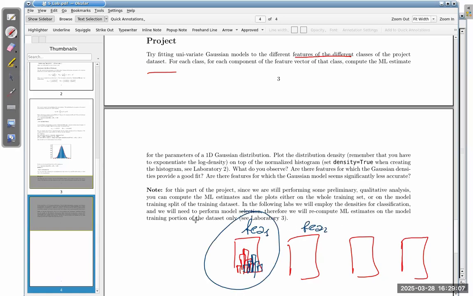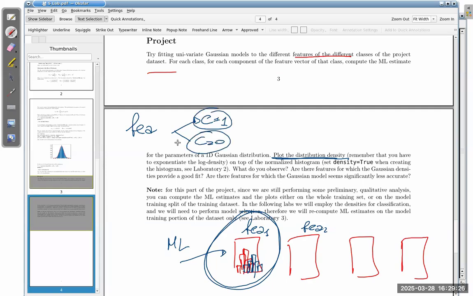Now we will do the same, but this time we will plot not just the histogram, but also the distribution density of a maximum likelihood model estimated for each feature. So for each feature, we will take class 1 and class 0, build the maximum likelihood one-dimensional Gaussian model for each of the classes, and plot it on top of the histogram.